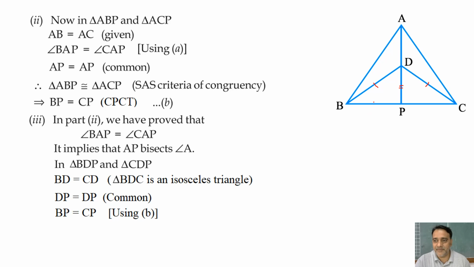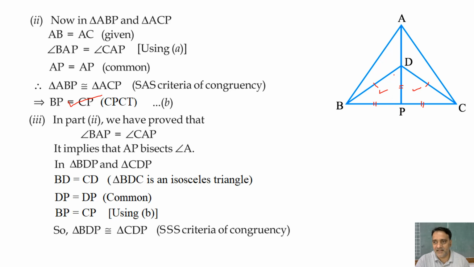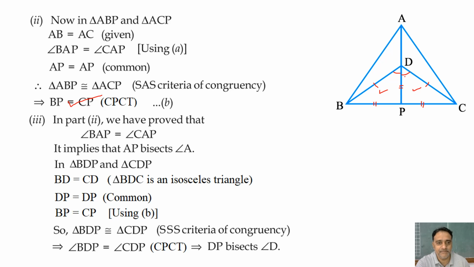And BP is equal to CP by CPCT, already proved here. So by SSS congruence rule, these two triangles are congruent, and this will imply these two angles are equal. Why? CPCT. So this will imply that AP bisects angle D also. Any doubt in this? No, sir.